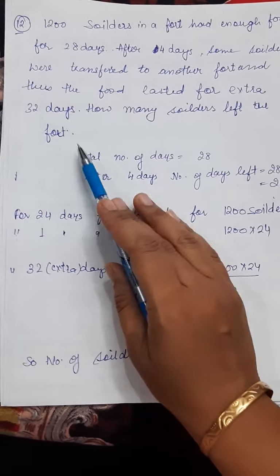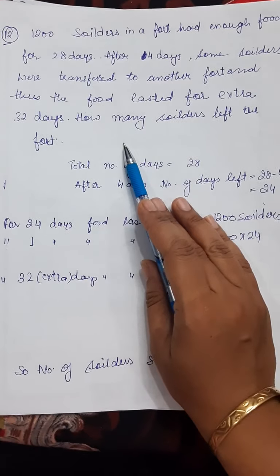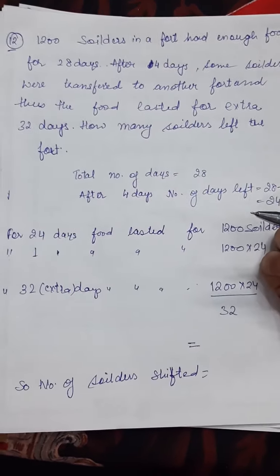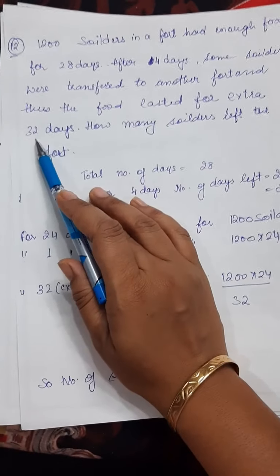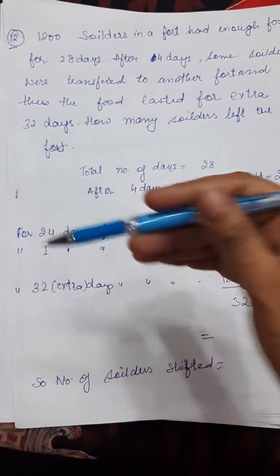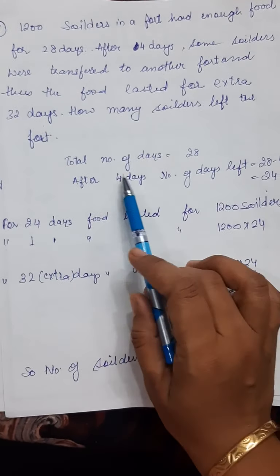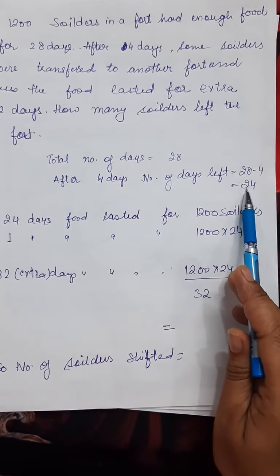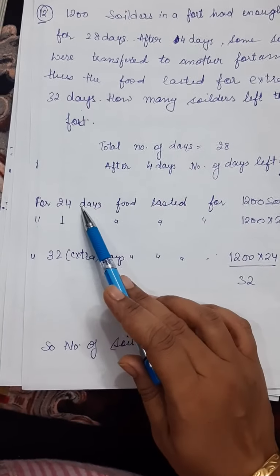How many soldiers left the fort? Okay, just see. If some soldiers are moved, it means food is going to last for more days. We need to find out how many soldiers were actually transferred. So just see, the total number of days, as I just told you, is to be considered as 24.